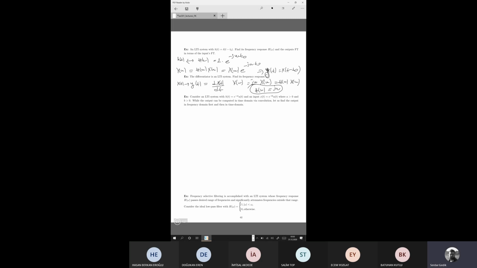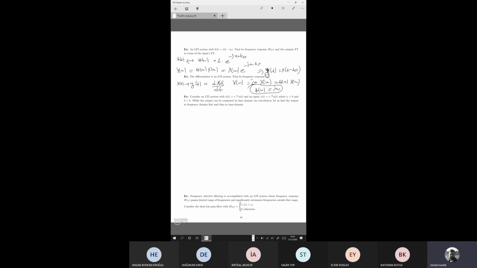Well, the next example is similar. I have h of t, which is the impulse response of an LTI system, and it is e to the power minus at u of t, and I have x of t, which is given as e to the power minus bt. Both a and b are positive numbers, and what is the output in frequency and time domains?